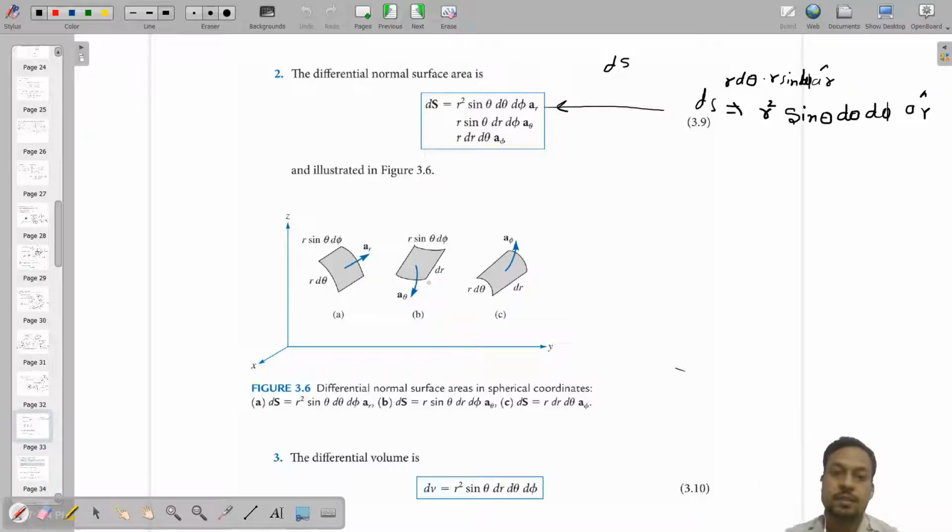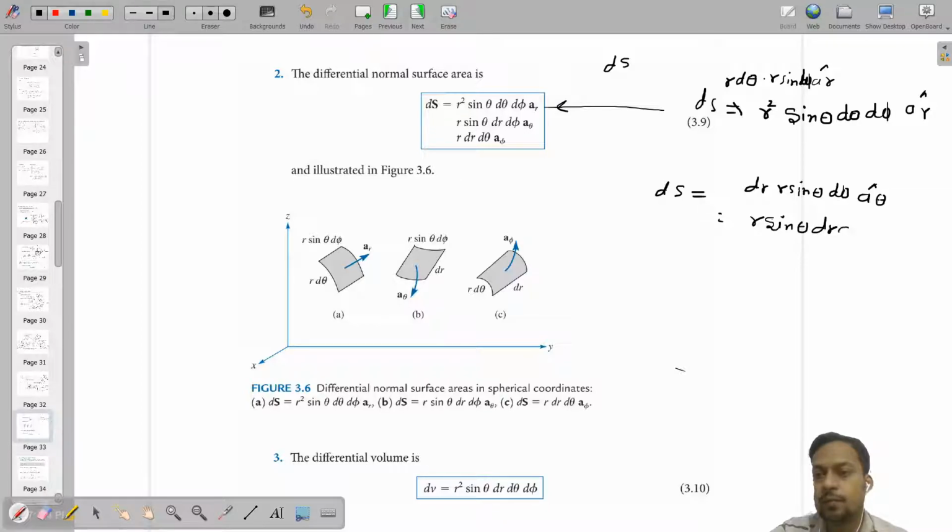Here the differential lengths are dr and r sin theta d phi. Therefore, the differential surface along the unit vector a_theta can be written as r sin theta dr d phi a_theta.